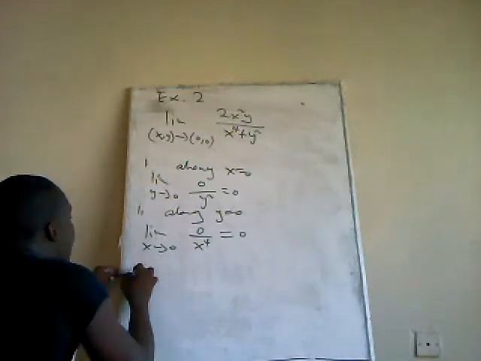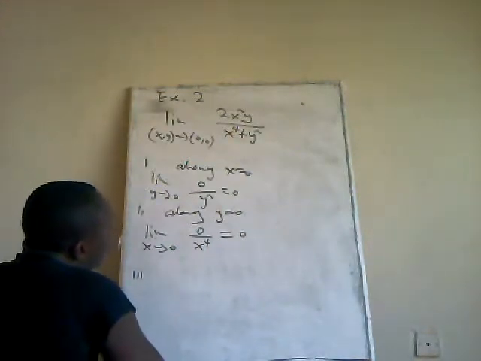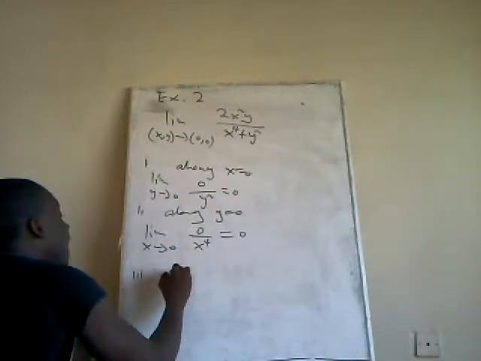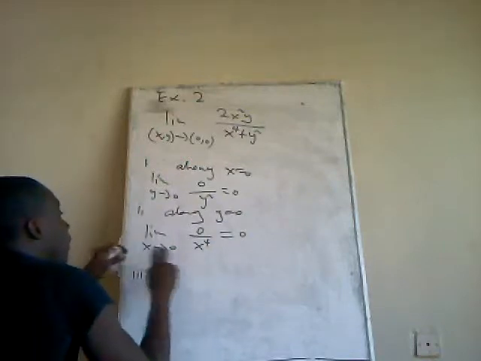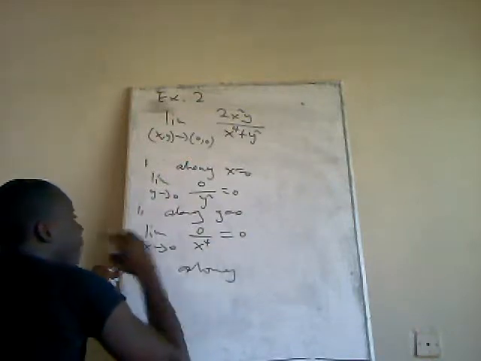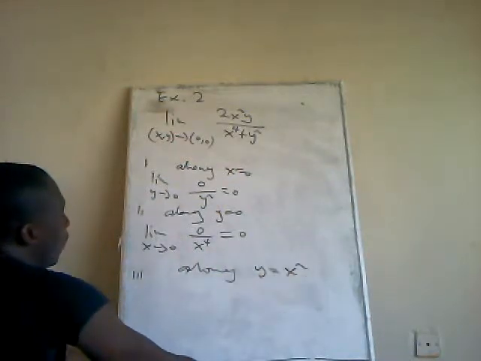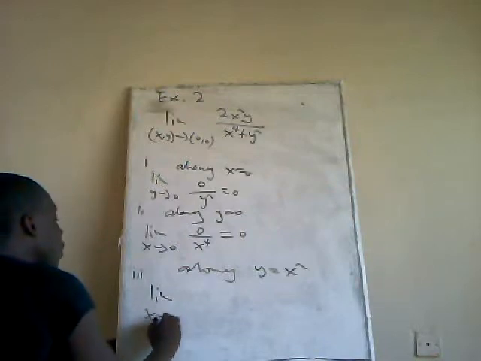Okay, I check along y is equal to x squared. Now if y is x squared, then I'm going to have the limit as x goes to 0.